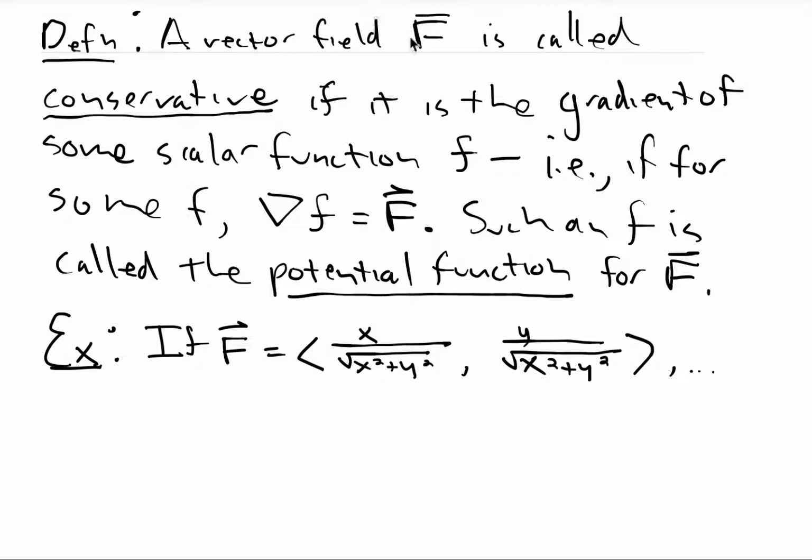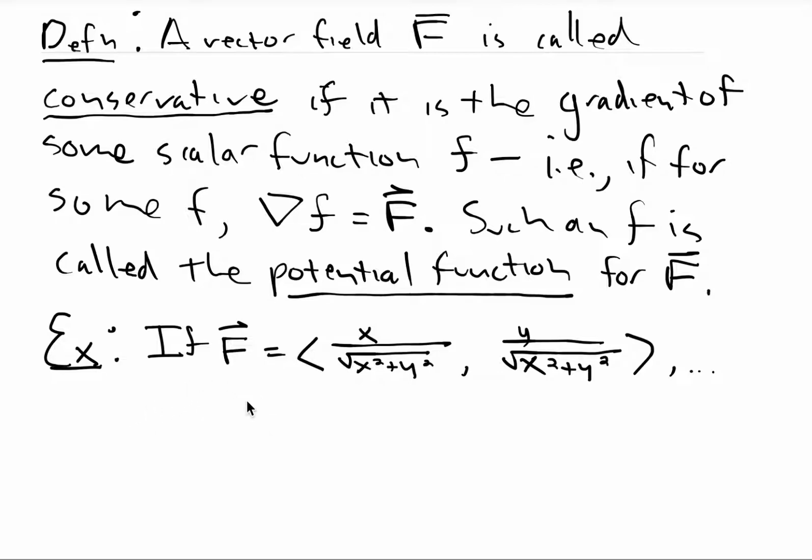If I'm starting with the vector field rather than the scalar function, a vector field is called conservative if it's the gradient of some scalar function. Okay, so if we're starting with this guy and you took a gradient to get there, we'll call that vector field conservative. And another comment, if you're trying to work backwards to figure out what that function was in the first place, that original scalar function is called the potential function for your capital F.